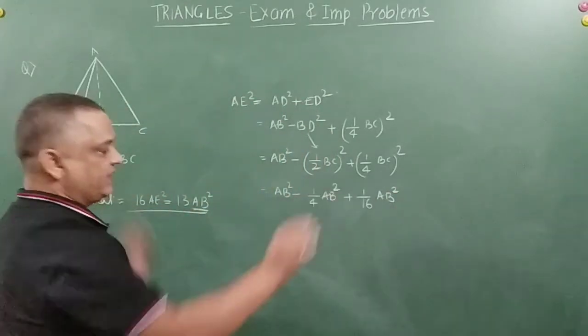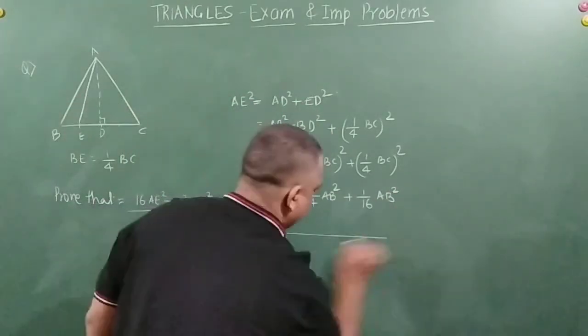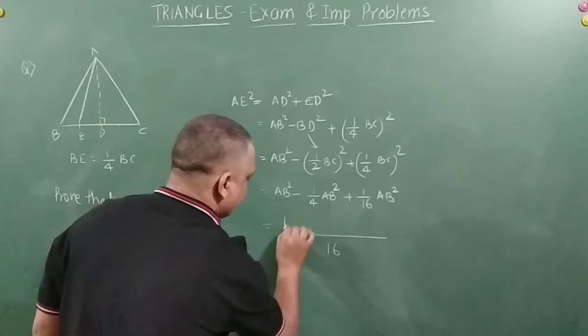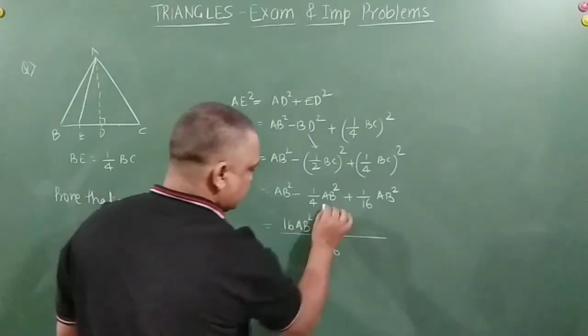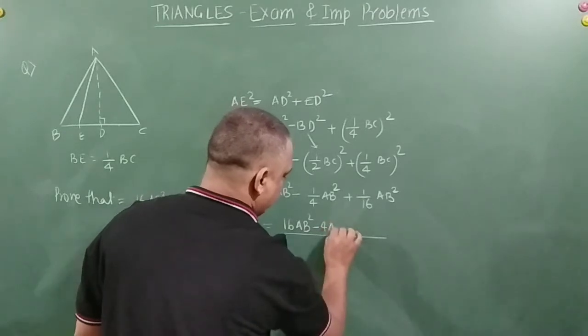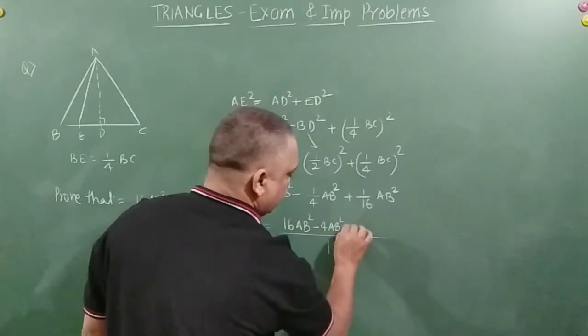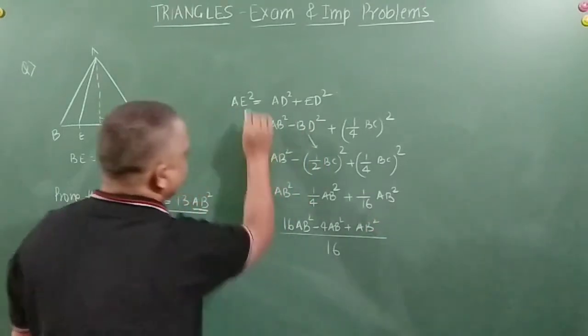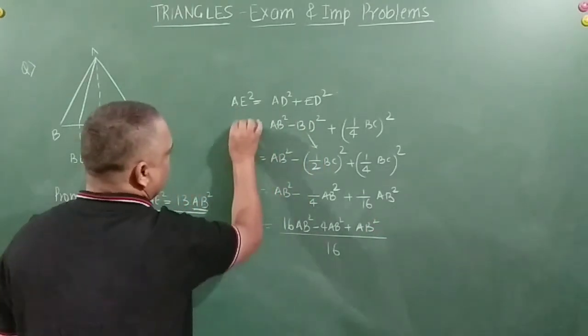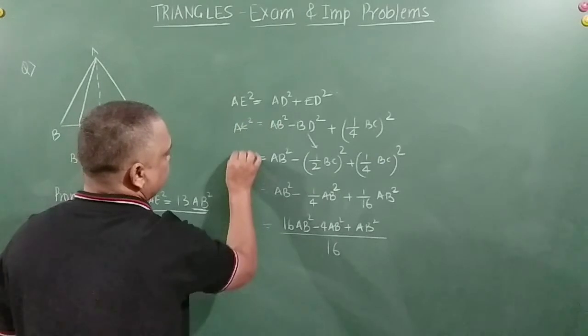No problem, right friends? Take the LCM here. This becomes 16 AB square minus 4 AB square plus AB square, and the right side of course is AE square, which is coming all the way from the top.